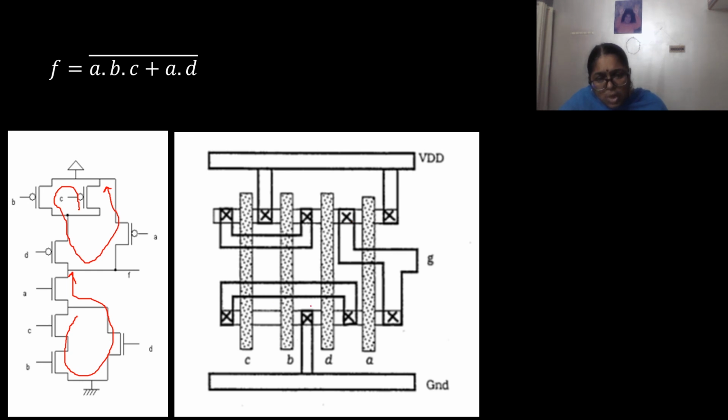Thus we can make use of a common P diffusion and N diffusion, and the same polysilicon can be used to form the PMOS as well as NMOS transistors. So once you have this particular path, you know the order of the inputs, then you mark the source and the drain of the transistors in the circuit, and that you are going to convert into the stick diagram.